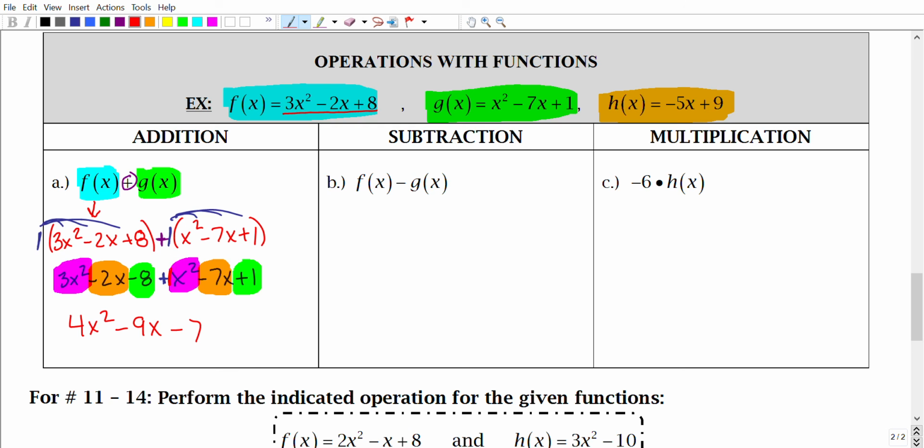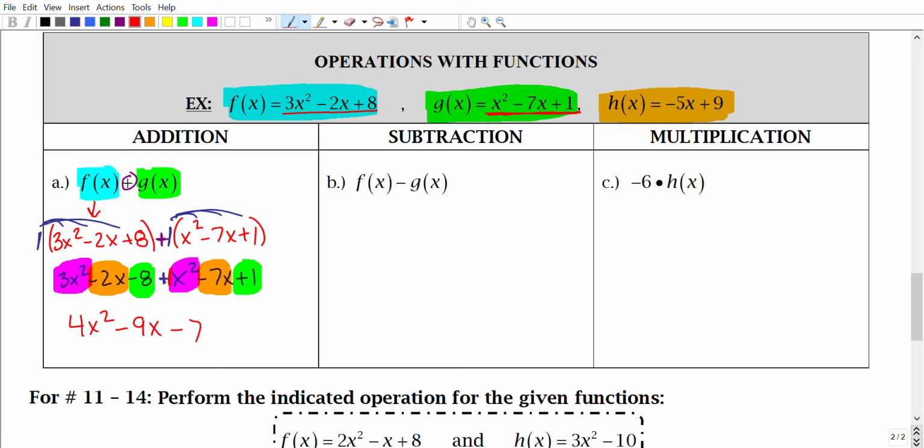All right, so what did I do? Again, let's recap. It's always nice to look back at what we did. All I did was write all of f of x in one parentheses. Then I added, because that's what we're doing, addition. We're adding all of g of x, and all of g of x is right here, so I put that in parentheses.